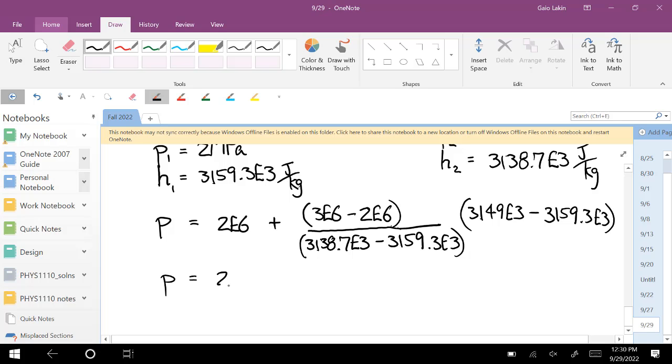And it turns out you get a pressure of 2.5 times 10 to the 6th pascals, or 2.5 megapascals. Any questions about that?